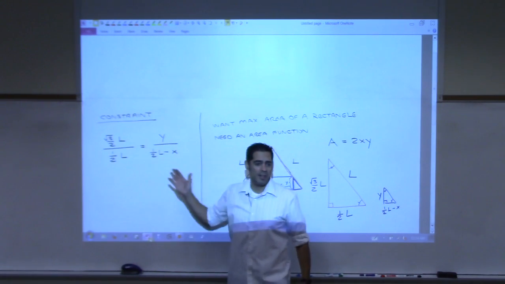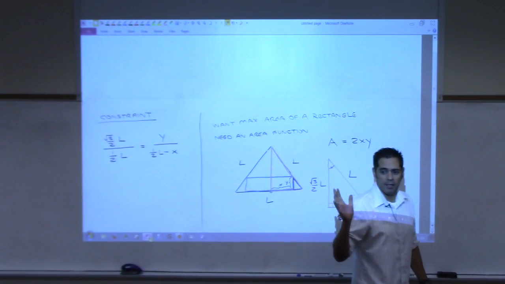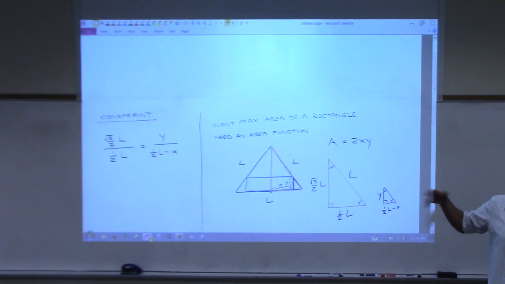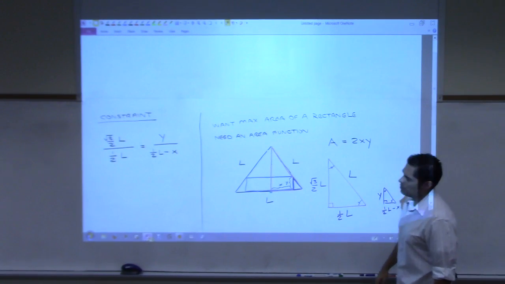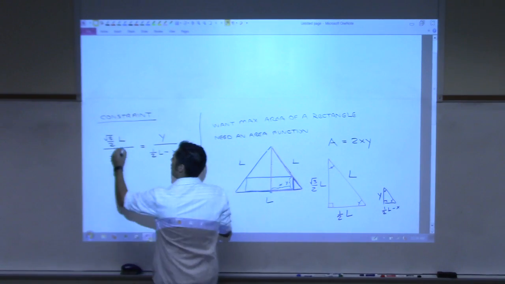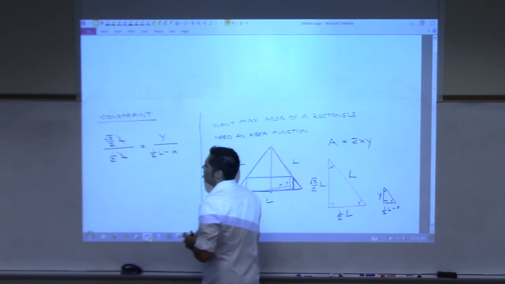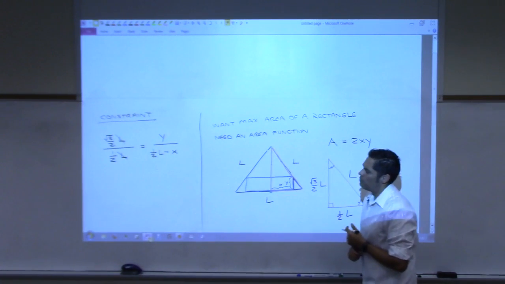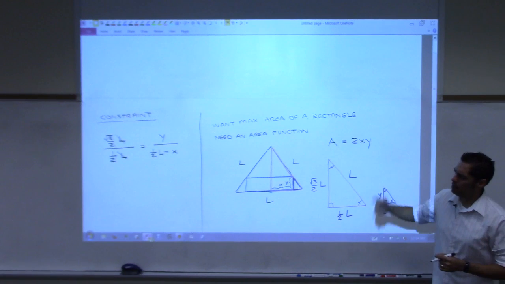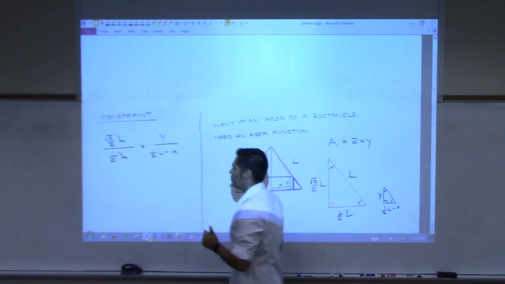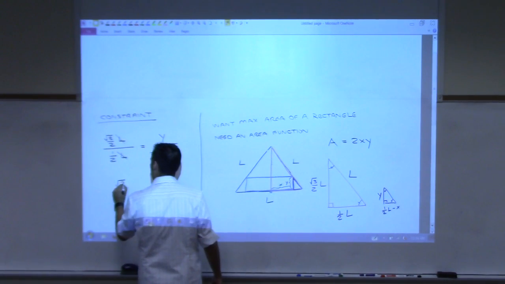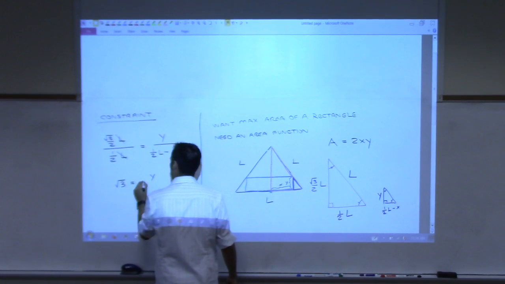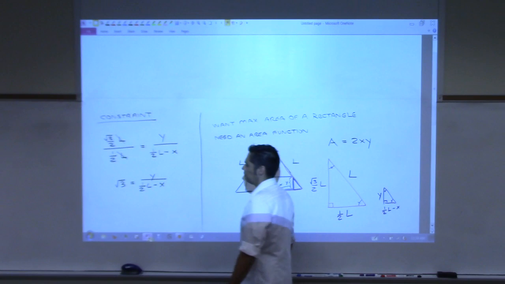Do we have an equation that has x and y related in there? Yes. There's an L in there, but who cares? Well, actually, we'll still have an L here. This L is going to go away, right? And what's root 3 over 2 over 1/2? So flip, just root 3. So this side's root 3 equals y over 1/2 L minus x.